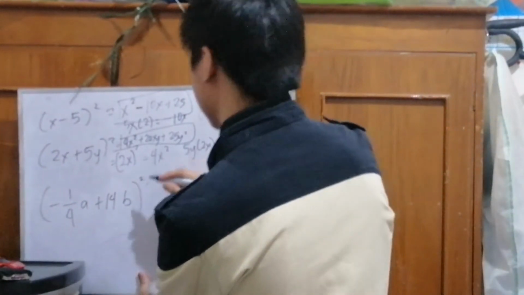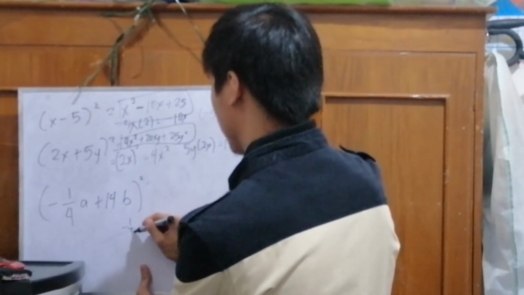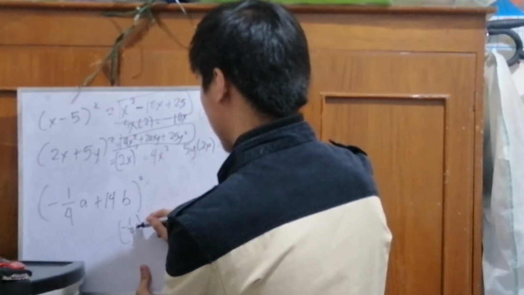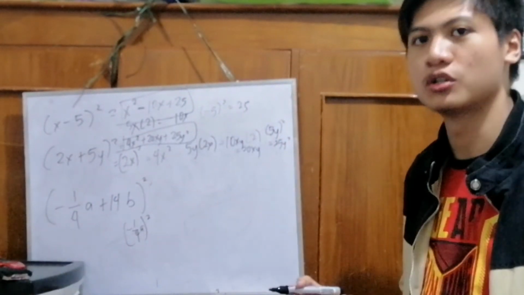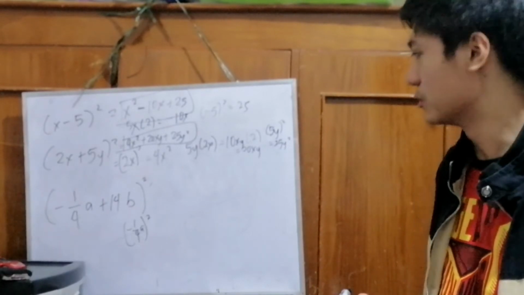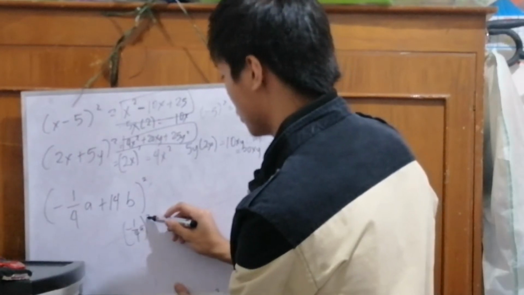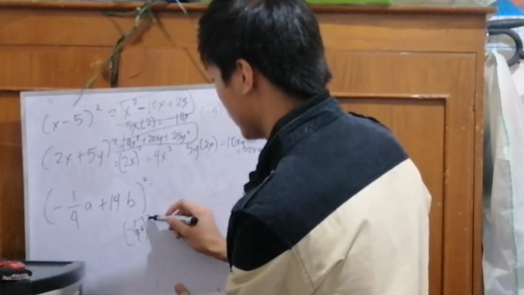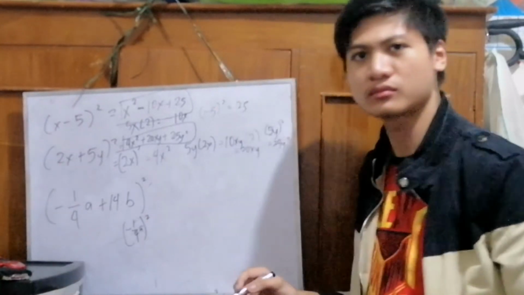Now, we're going to square the first term. Negative 1/4 a squared. Now, we have here a fraction. So, what are we going to do? Are we just going to distribute 2 to 1, or even 2 to 1 and 4?